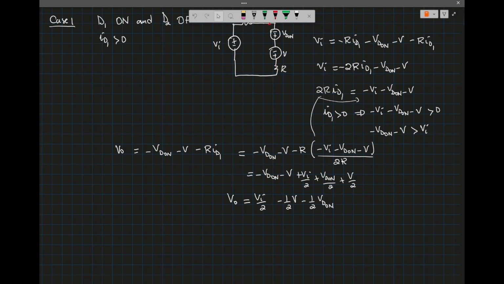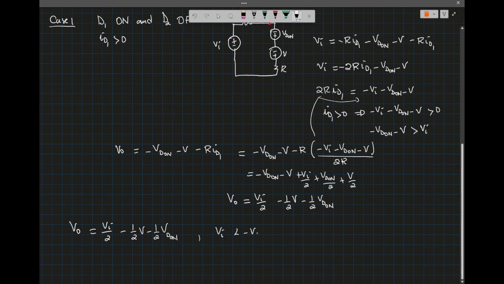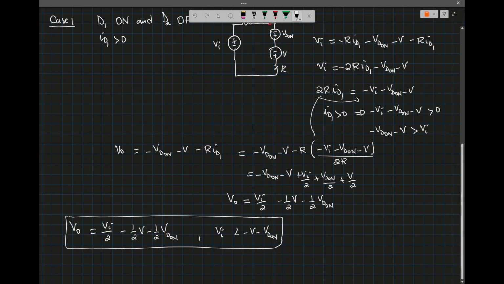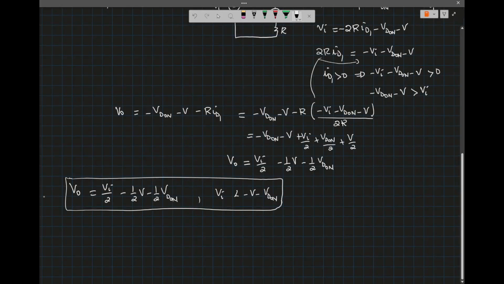That's correct. So V0 for case 1 is VI over 2 minus half V minus half VD on, when VI is less than minus V minus VD on. If this was an ideal diode, then VD on would be 0. Okay, so that's case 1.